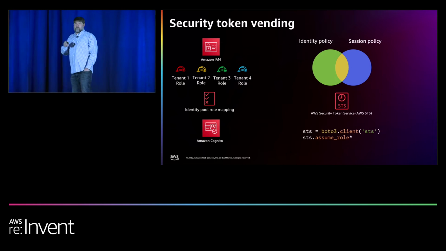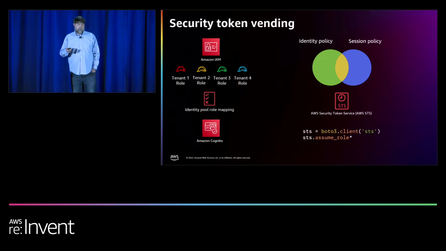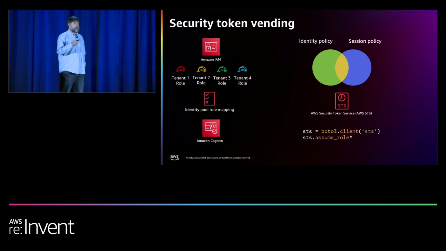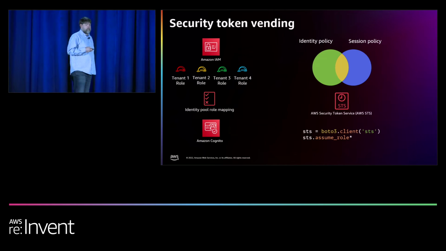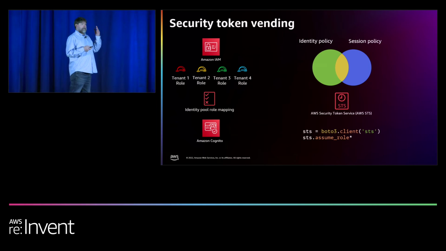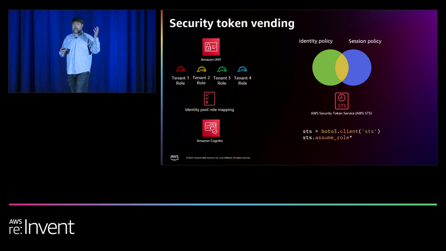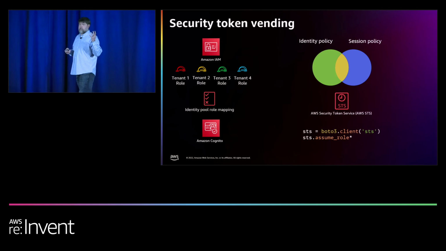So what if you can't work with those limitations? What are our other options? Well, our other option is to do some of the work ourselves. So here, we can use what we call an identity policy, which is the green circle on the left. The identity policy contains all the permissions that our microservice might need.